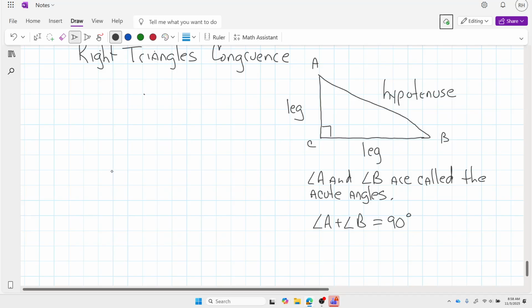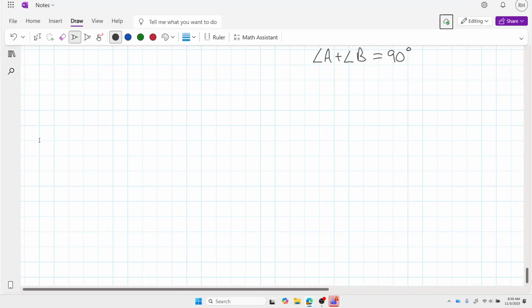So theorem 5.6 is called leg-leg congruence. And you want to get that in your notes. Leg-leg.